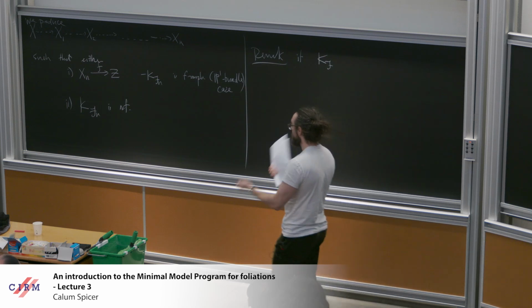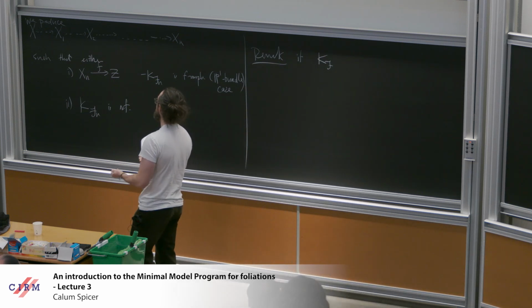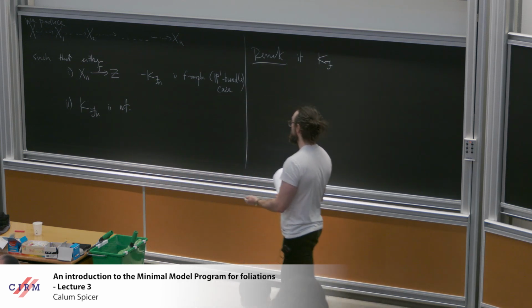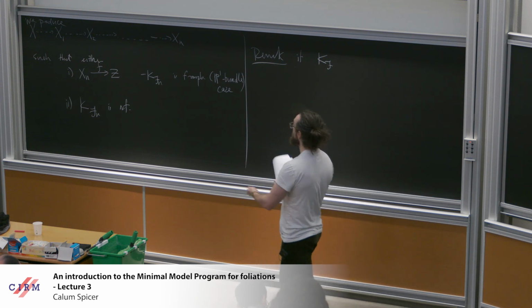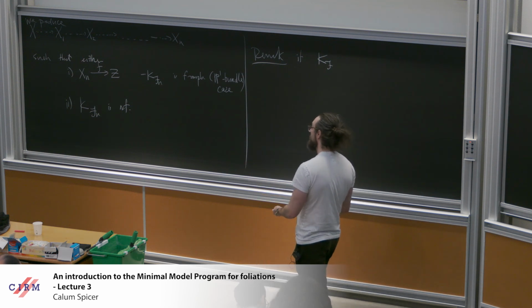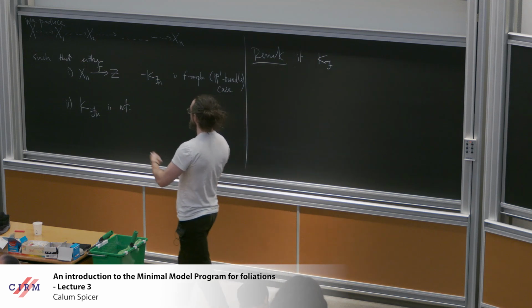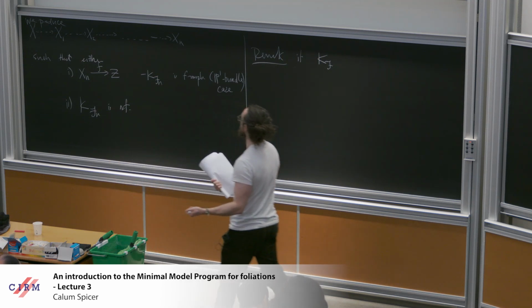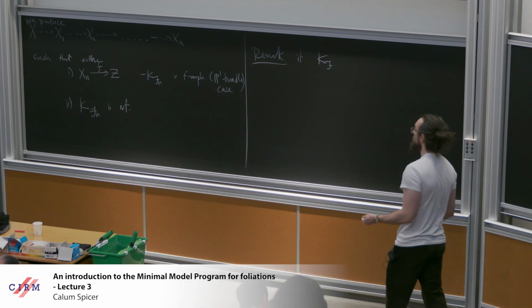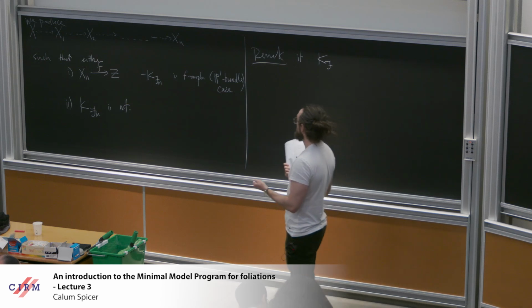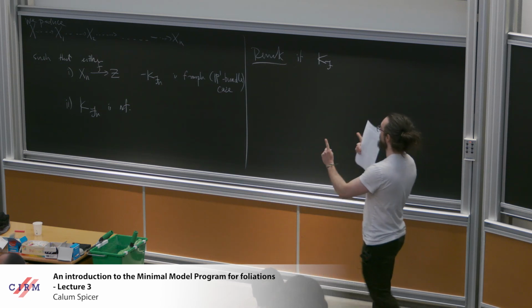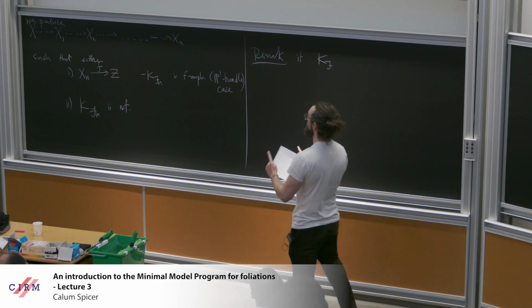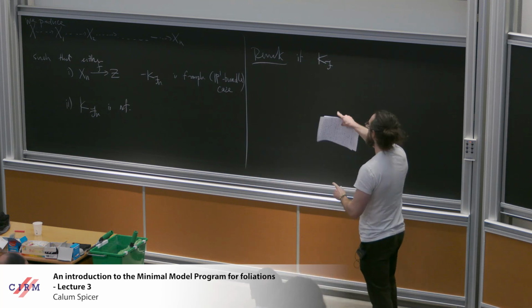So on a surface foliation, if the general leaf is uniformized by the disk or the complex plane, then we always end up in the case where K_F_n is nef. And in the remaining case, where the general leaf is a P1, we would always end up in the P1 bundle case. So we remember from the surface case, we could always tell right off the bat which of these two possibilities we'd end up in. And the same thing is true in higher dimensions.